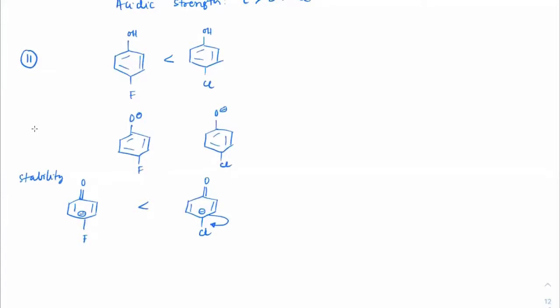Okay, students, the reason here is d orbital resonance. If you check the pK values for the same, the pK value of this is around 9.9 and this is around 9.41. So experimentally also it suggests that d orbital resonance is going to be more dominant.